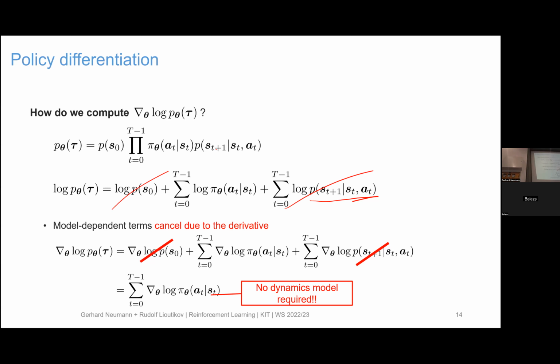This is my neural network. I can compute derivatives. So which basically means I don't need to know the system dynamics, which would be this guy. I only need to know the derivative of the policies, sum them over all the time steps, and that's equivalent to the derivative of the trajectory distribution.